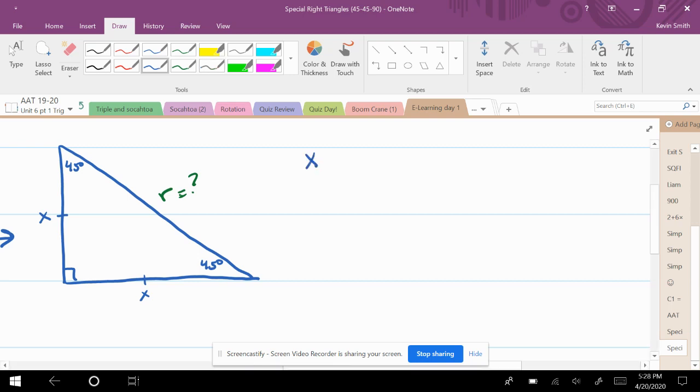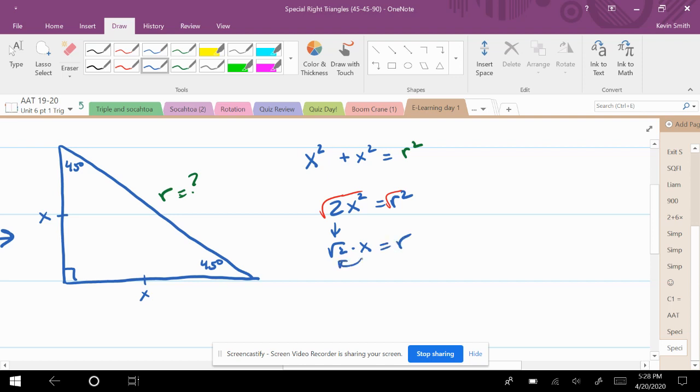So I would do x squared plus x squared equals r squared. We can combine our x's and get 2x squared equals r squared. Take the square root on both sides, and you end up with the square root of 2 times the square root of x squared, which is x, equals r.